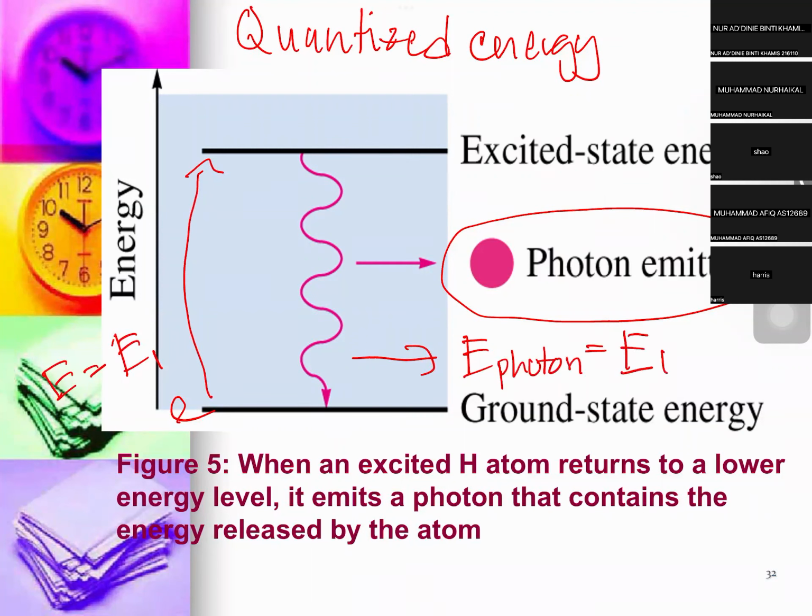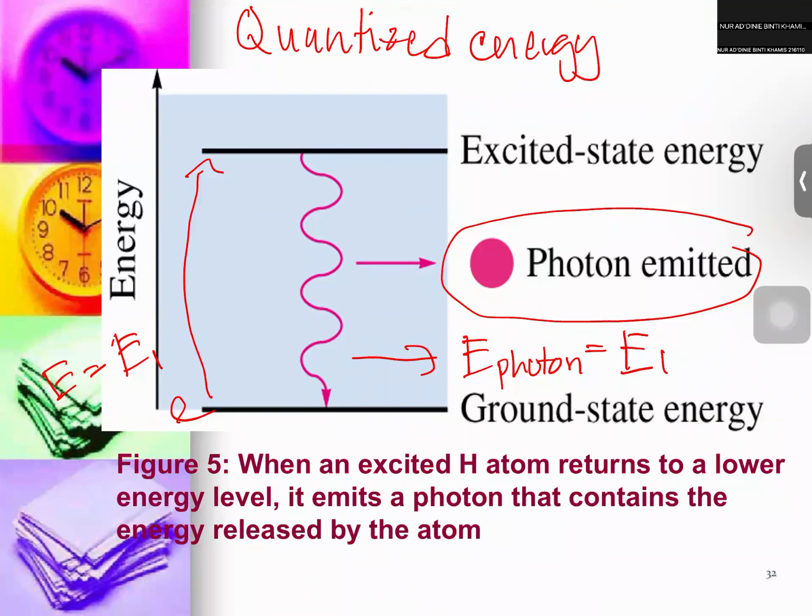Okay. So I think you have understood this well. Why is it moving? Okay, just a moment. You understand the process. The electron receives energy.